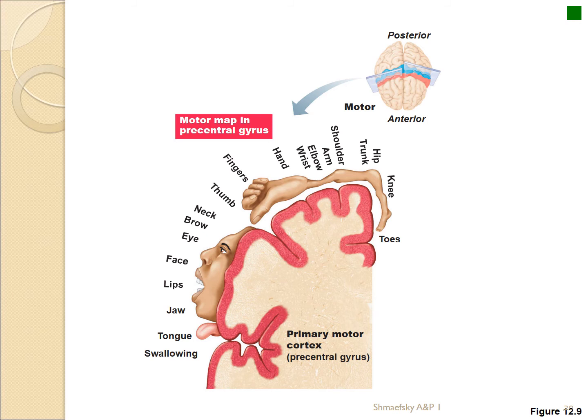This is now looking at a coronal section, or frontal section of the brain, and we're cutting right into the motor area. And this is kind of neat because you can see how different regions of the brain, from the superior to the lateral inferior, are responsible for different controls of the body.